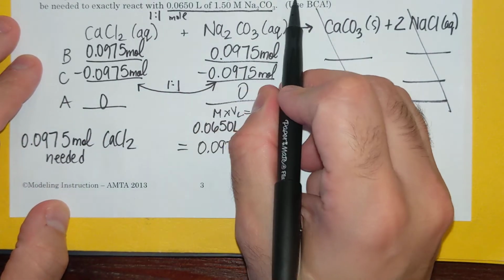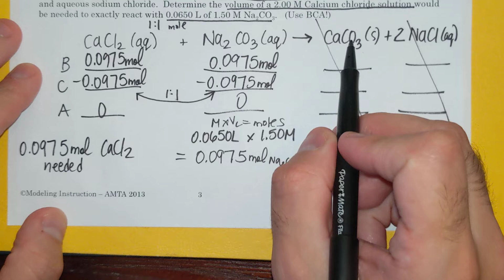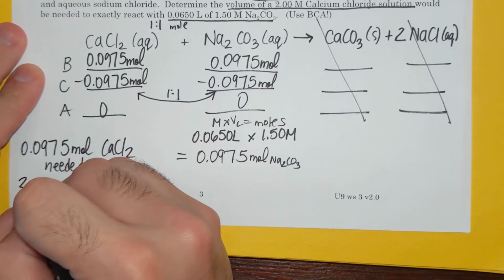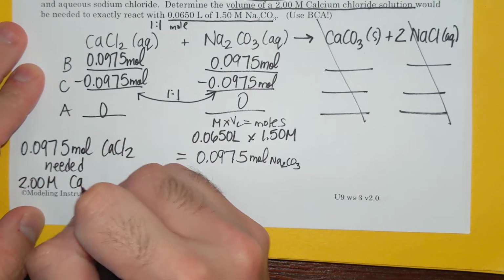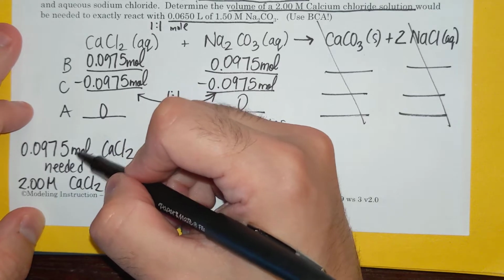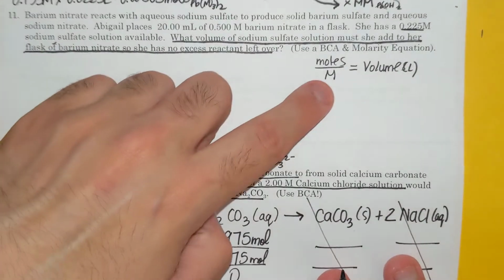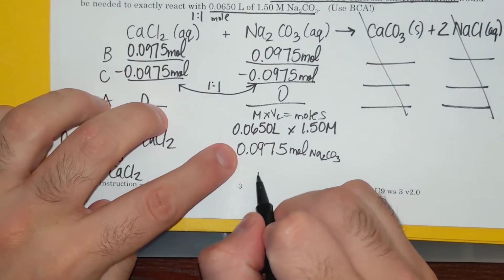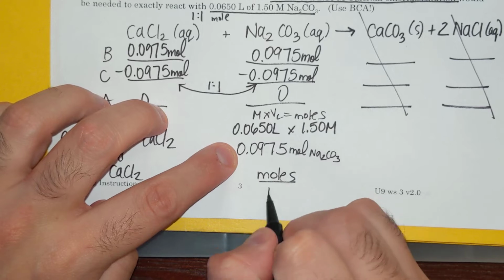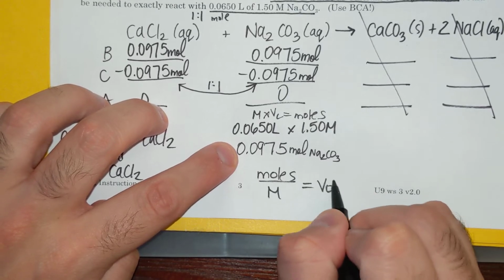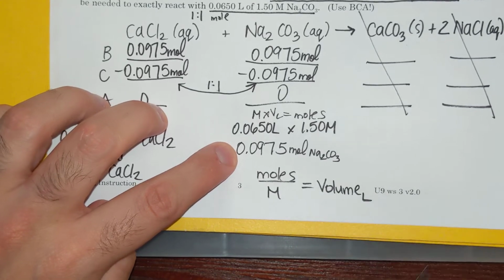And it says determine the volume of 2 molar calcium chloride. So I have a 2 molar calcium chloride. I have moles and I have a molarity. And like I mentioned up here in number 11, moles divided by molarity is equal to volume in liters.